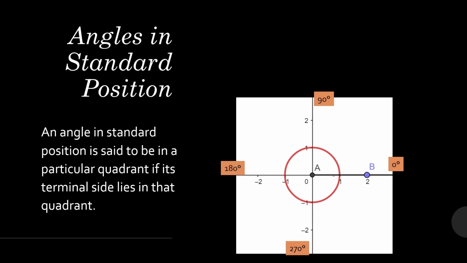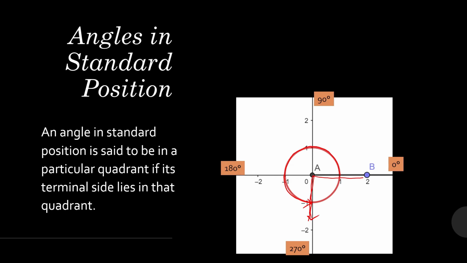Starting from your initial side, if you were to rotate the arm 3/4 of a complete revolution, that is where you will end, and you will draw your terminal side. So your angle A has a degree measure of 270 degrees.